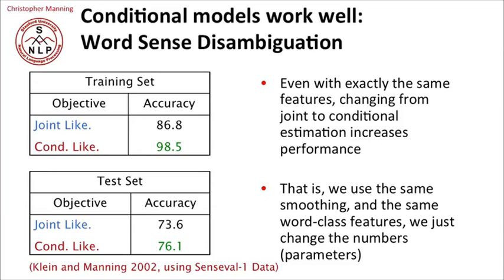And in these experiments, we were very careful to set up two models which were exactly the same in all respects. They had exactly the same features, exactly the same methods of smoothing the data, but differed only in whether we were doing conditional estimation or joint estimation.